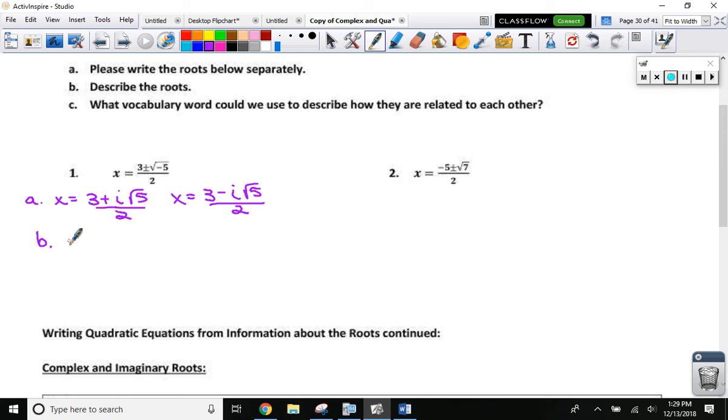Describe the roots. Imaginary. And there's two of them, right? And what vocab word could you use to describe how they are related to each other? Conjugates.